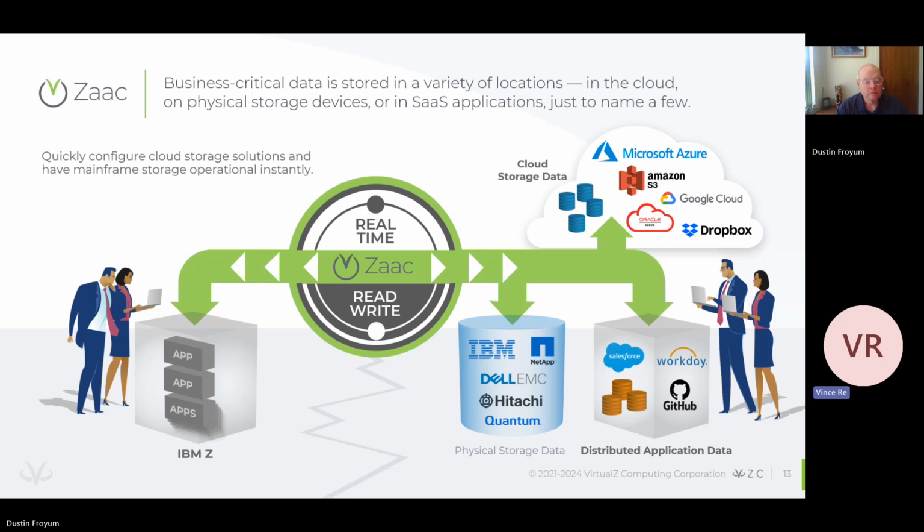You've got to wait for the data to get transmitted, and you've got to wait for the cloud provider to process it. In our case, we have the ability to do local journaling on z/OS, so that we can make all of those writes completely asynchronous from an application point of view. You have an application that writes a block of data, it comes to Zack, which journals it, and as soon as the journal is captured, we can consider that I/O complete. There's no need to wait for the communication to the cloud.